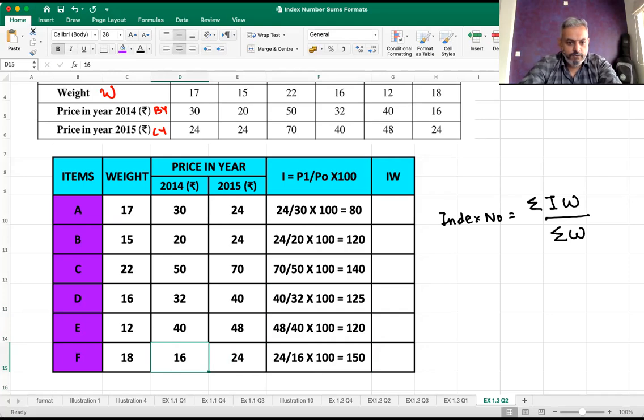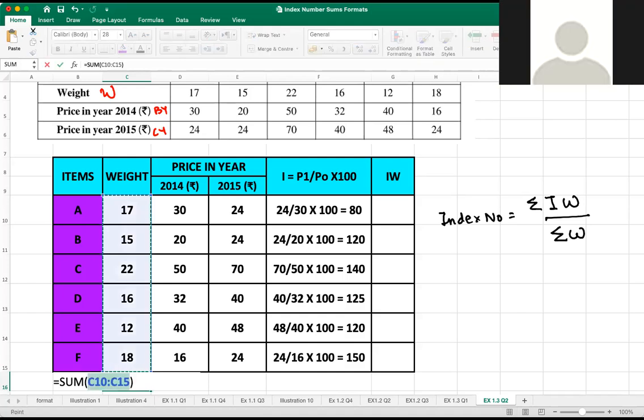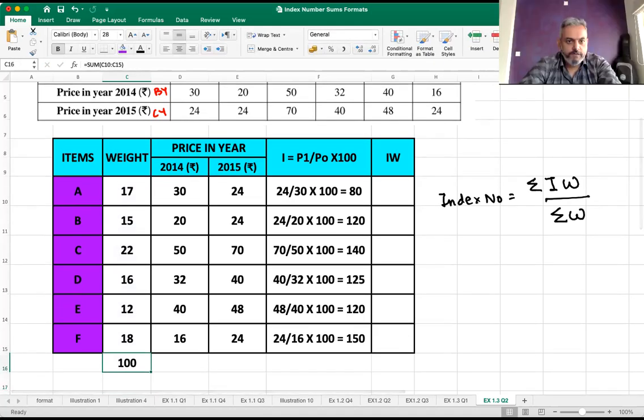Now we have to do a total of this weight. Let's do the total. Which is equal to 100. Now I into W. So index is 80, weight is 17.